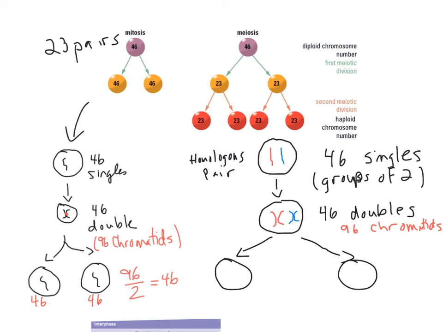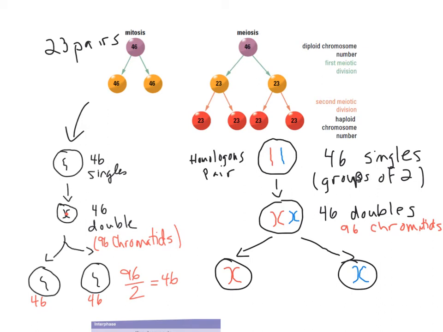What's going to happen is one of the chromosomes in the homologous pair is going to move to one cell, and the other chromosome in the homologous pair is going to move to the other cell. So already what I've done is I no longer have 46 doubles in each cell.